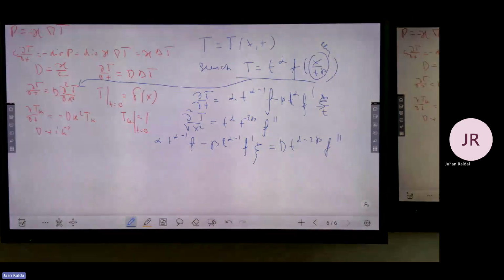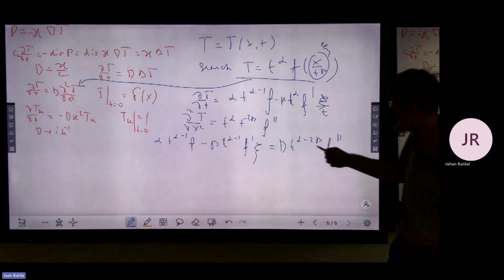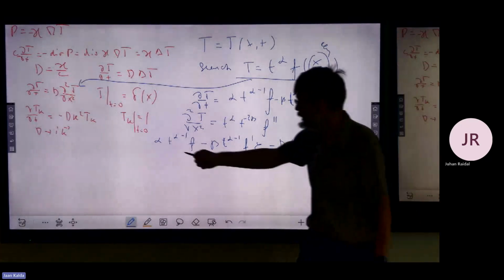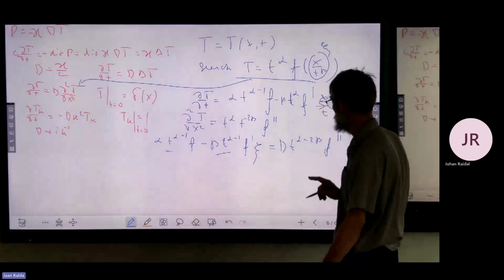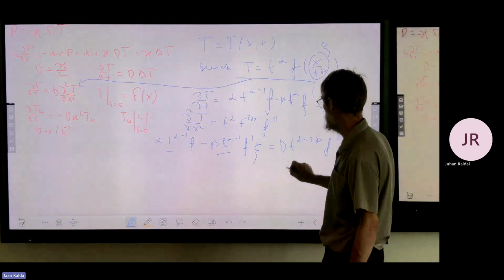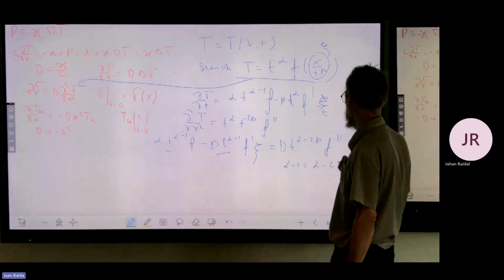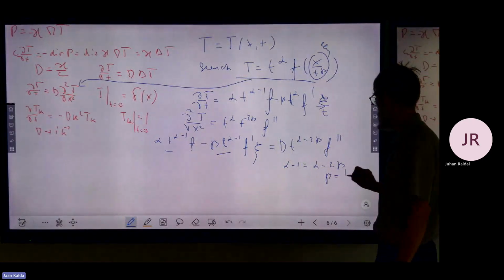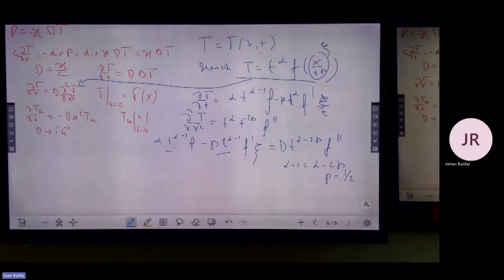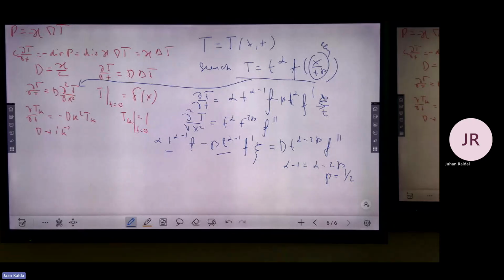Now what we would like is to get rid of the t's. No problem: all we need is that the powers are equal. So we need alpha minus 1 equals alpha minus 2 beta, which means that beta is 1/2. As I said, beta is determined by the structure of the equation, because alpha doesn't matter in this relationship. So beta must be 1/2. Now, how do we determine alpha?